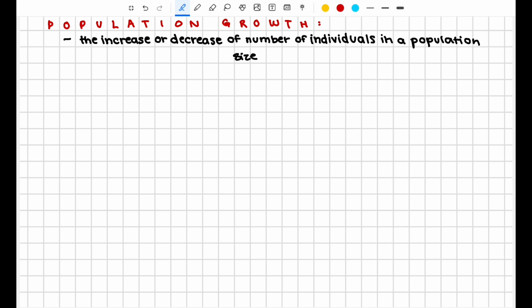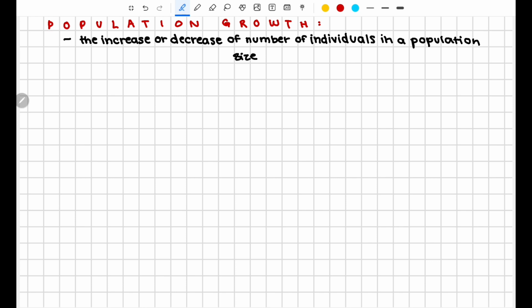But we'll talk about that more. And then it gets a little bit complicated because it's two different factors and there are many other factors that will affect population growth.